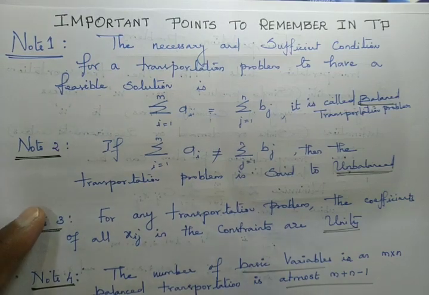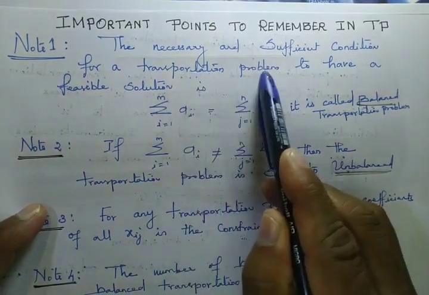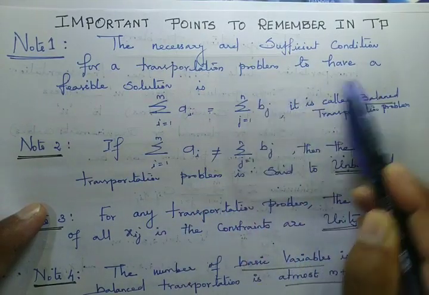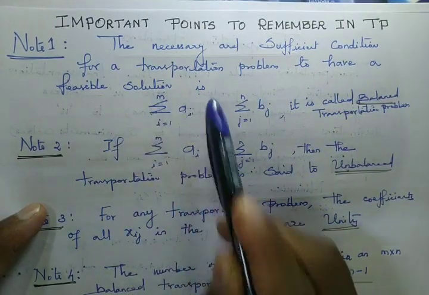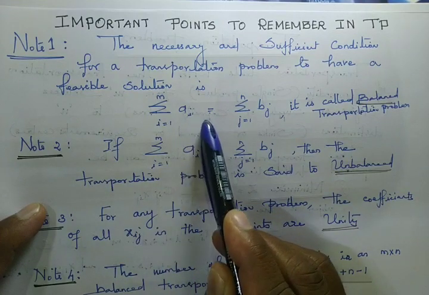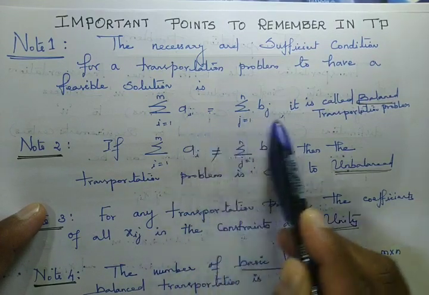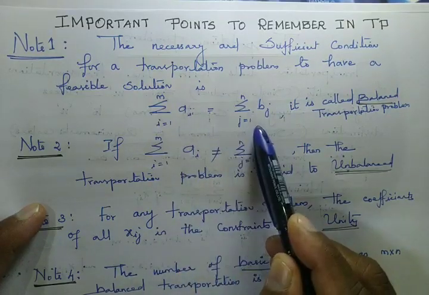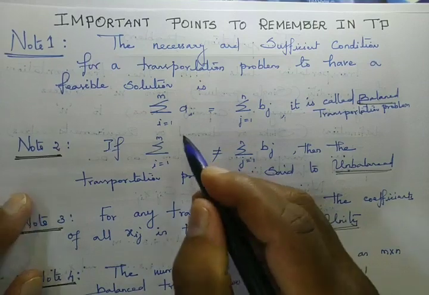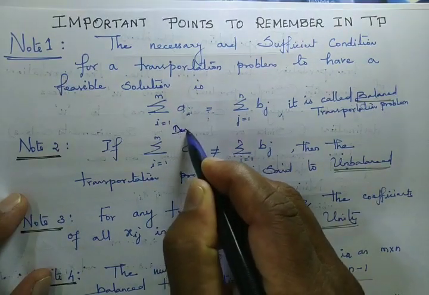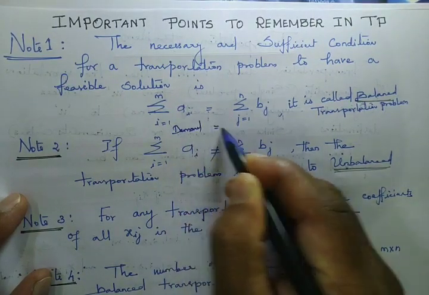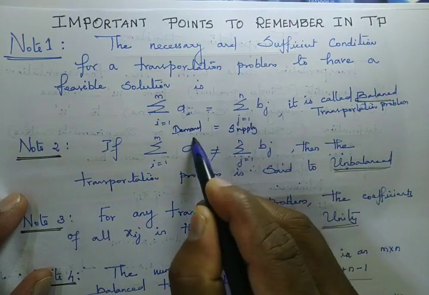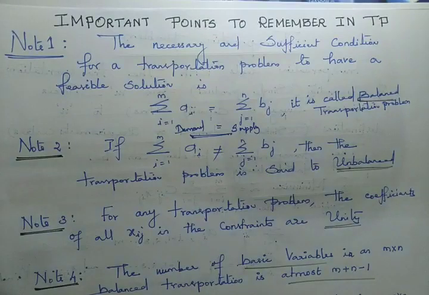The first one: the necessary and sufficient condition for a transportation problem to have a feasible solution is summation of ai equal to summation of bj, which indicates balance. That means demand is equal to supply. If it satisfies this condition only, you can say the given problem is balanced. When it is balanced only, you can get a feasible solution.